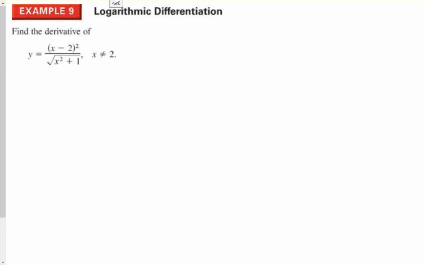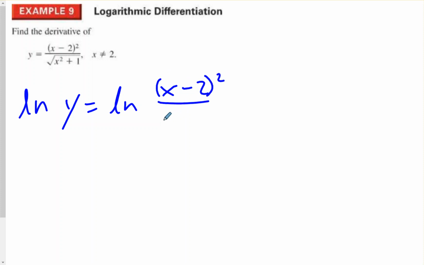Okay, so when we take the derivative of this, what we will do is take the ln of both sides. So we would have ln of y equals ln of (x minus 2) squared over the square root of x squared plus 1. Okay, so now we'd use the properties of logs to expand on this.